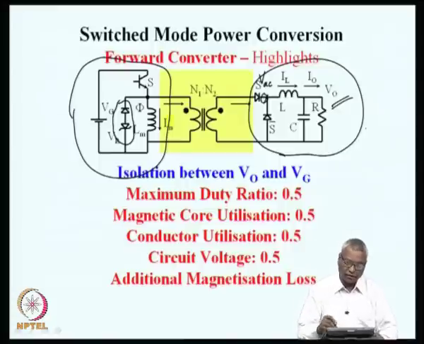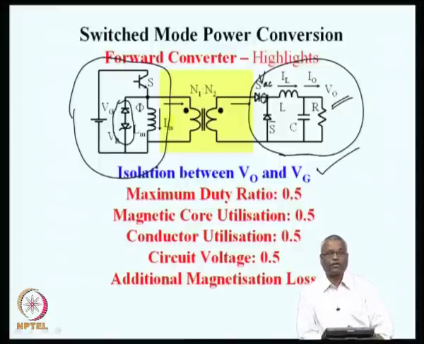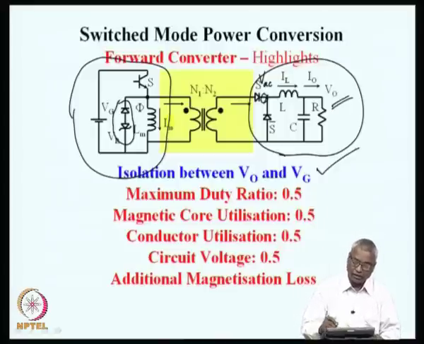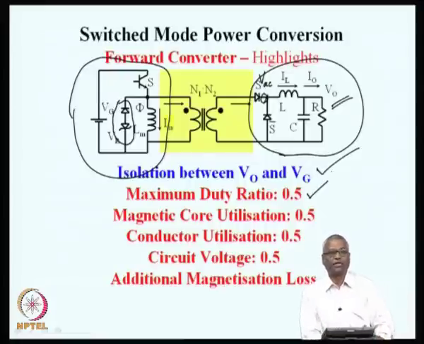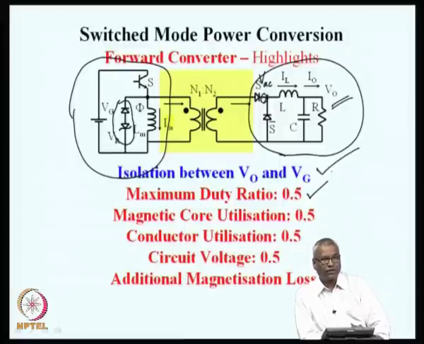And we saw that we achieved isolation between the source and the load, and the maximum duty ratio, unlike the non-isolated converter, got limited to 0.5 because half the time we needed in order to reset the flux. During the on time when the flux in the magnetic circuit gets established, we needed a similar time in order to reset the flux.